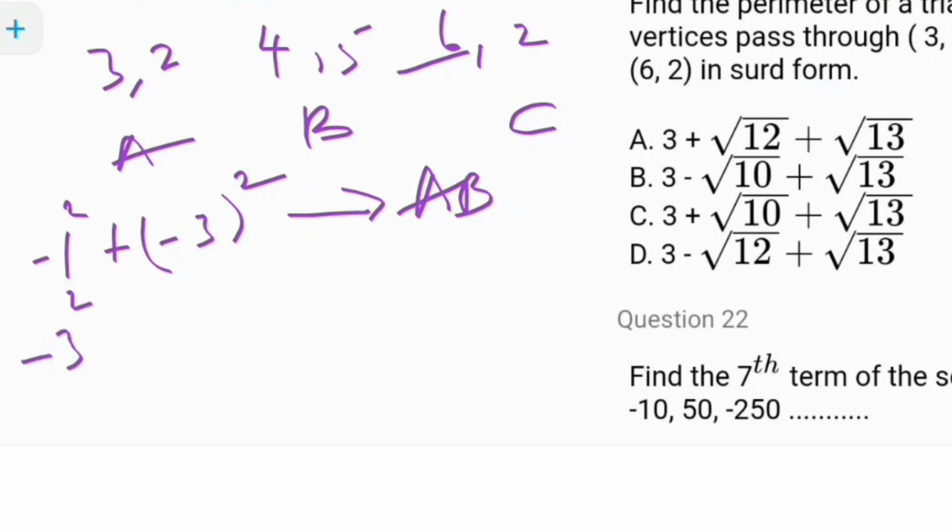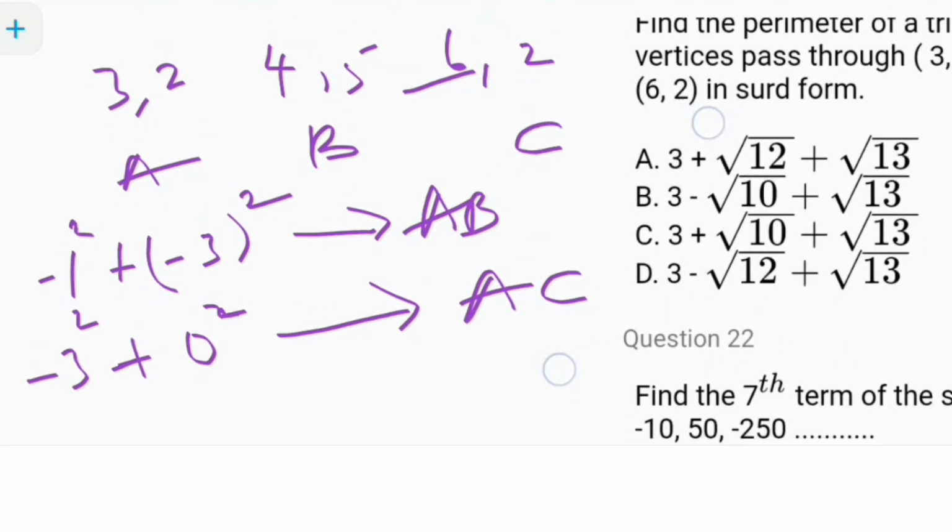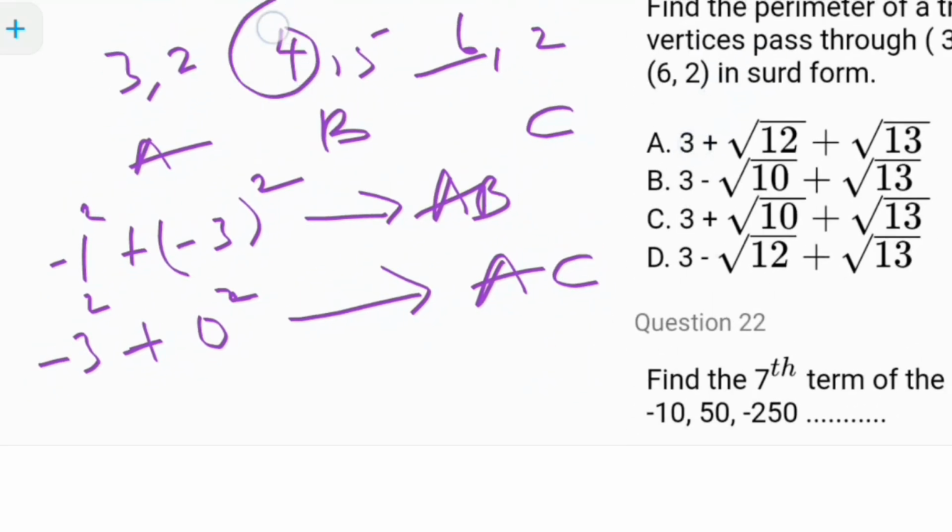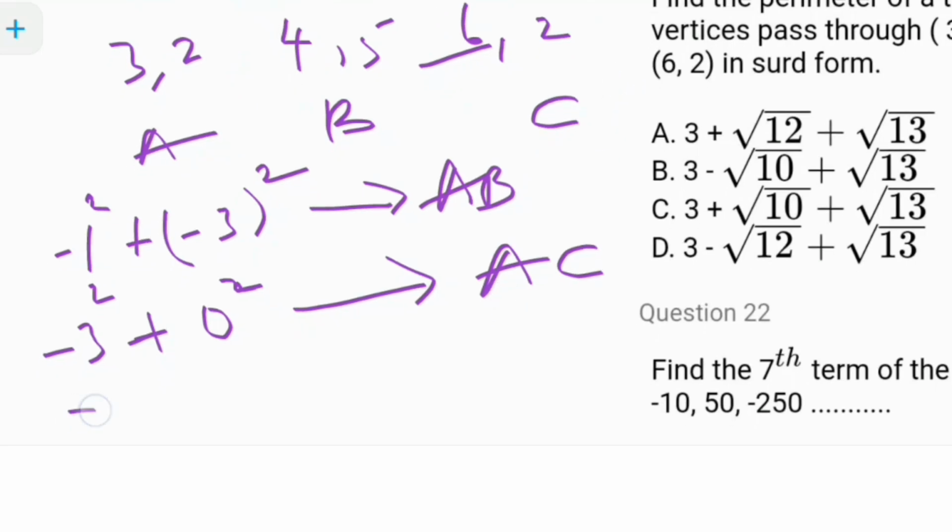I'm going to square that. Plus the next one is 2 minus 2, which gives me 0. I'm going to square that too. This one is for AC. Obviously the last one is BC. For BC, you need 4 and 6. So 4 minus 6 will give you minus 2. So you have minus 2.